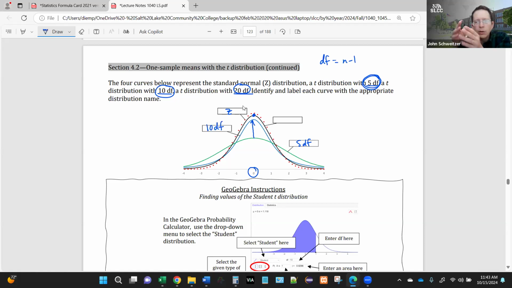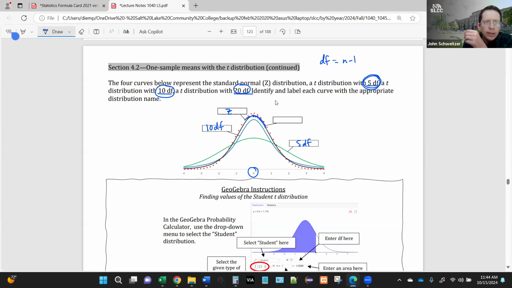Okay, so you're getting the idea. As the sample size increases, the t-distribution will change. And if the sample size is large enough, if there's enough degrees of freedom, then the t-distribution starts to converge to the z-distribution. So what would the third one there be? Well, the third one is this black line here.